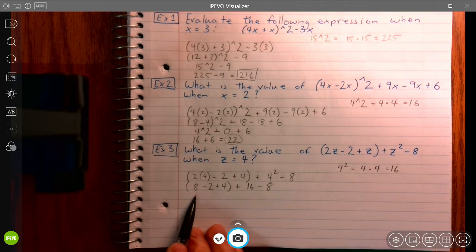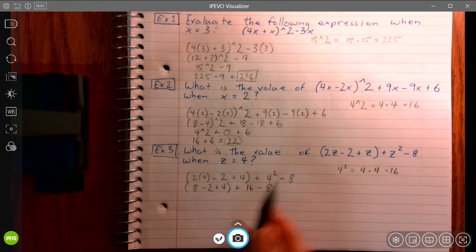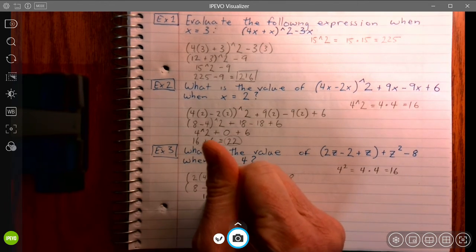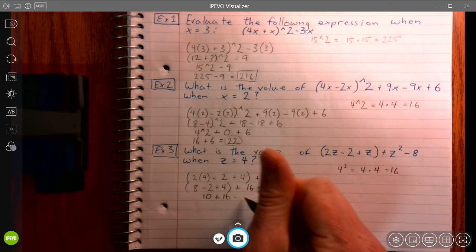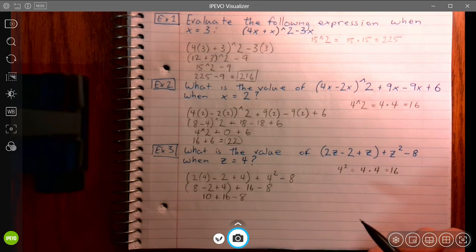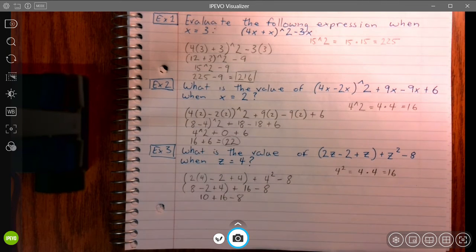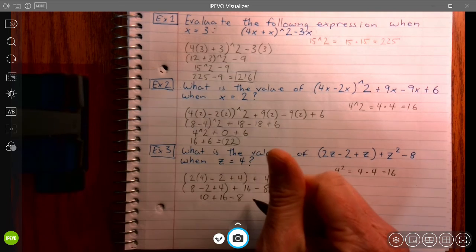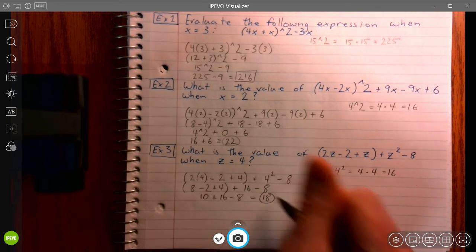I still have parentheses over here, and I still want to clean those up. So 8 minus 2 is 6. 6 plus 4 is 10, plus 16 minus 8. Okay. 10 plus 16 is 26, and 26 minus 8 is equal to 18.